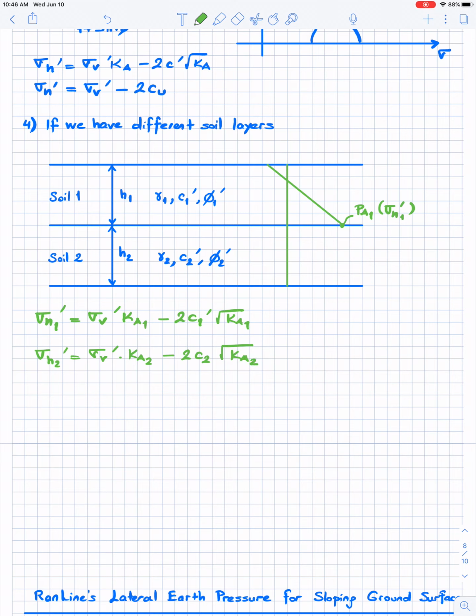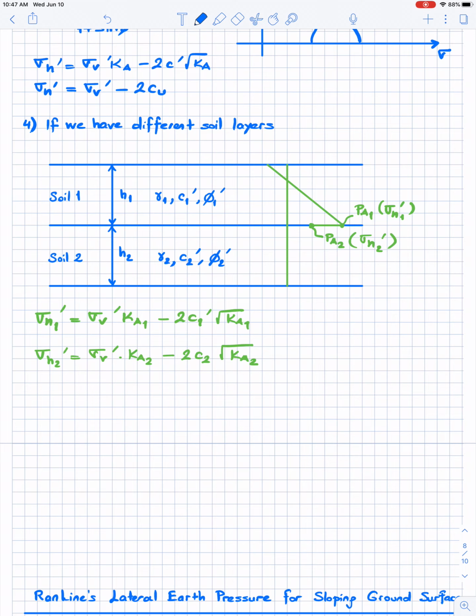So you might have jumps over here, for example. Let's say this is PA2 and that will be sigma H2 prime. Again, we will be solving examples on this, but the idea is that we are going to have different KAs at the boundaries.